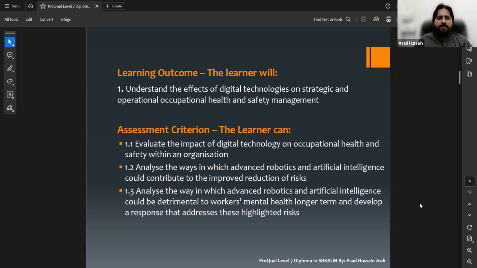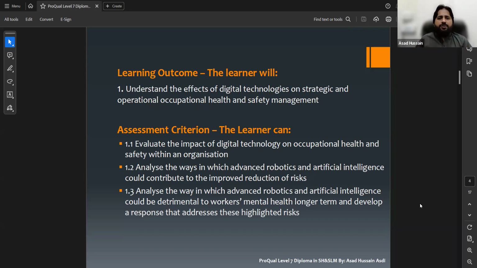The first assessment criteria, 1.1, is evaluate the impact of digital technology on occupational health and safety within an organization. In this assessment criteria, a learner should be evaluating how digital technology is affecting occupational health and safety within an organization.